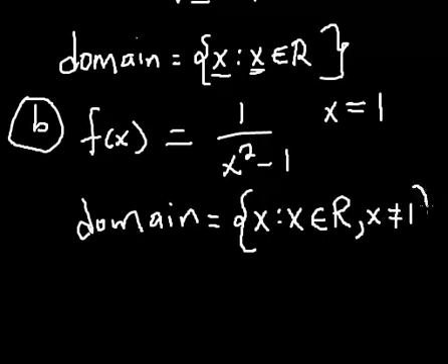So this is how you write the domain. You include all the numbers that will make the function defined, then exclude the one that will make it undefined. Please take note of that.